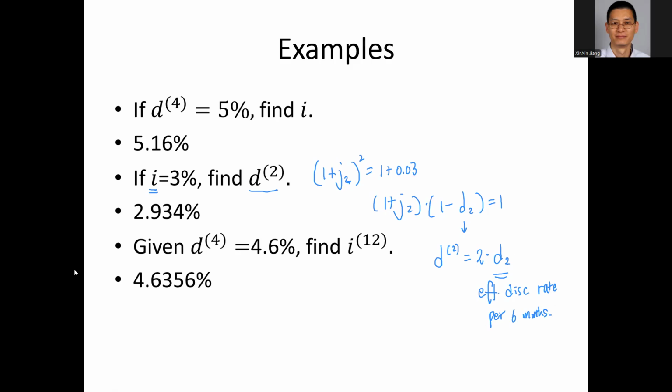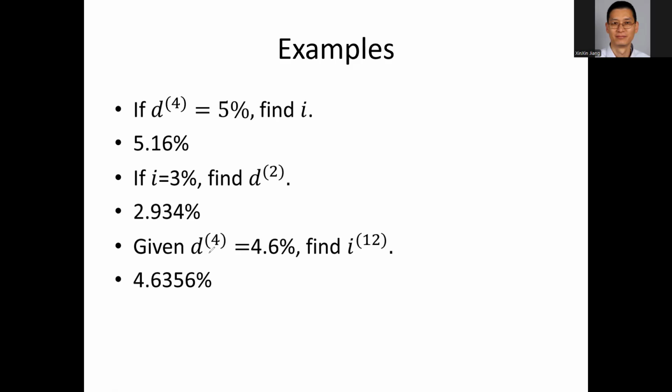The next problem, we have a nominal discount rate compounded 4 times a year, and we have a nominal interest rate compounded monthly. They have different time periods, and both are nominal rates. Remember, we don't have the relation of 1 plus i times 1 minus d equals 1 for nominal rates, so that doesn't work.